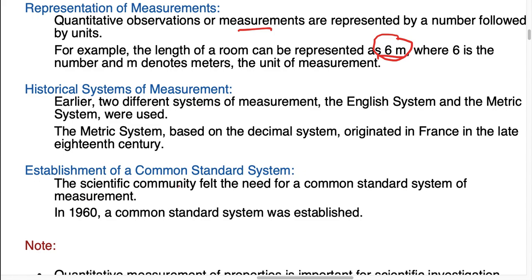The scientific community felt the need for it, because if somewhere in the world they measured in one unit, and on the other side of the world they measured the same quantity in a different unit, how can we find a relation between the two measurements? To remove that complexity, we have to establish a common standard system which we can use all over the world.